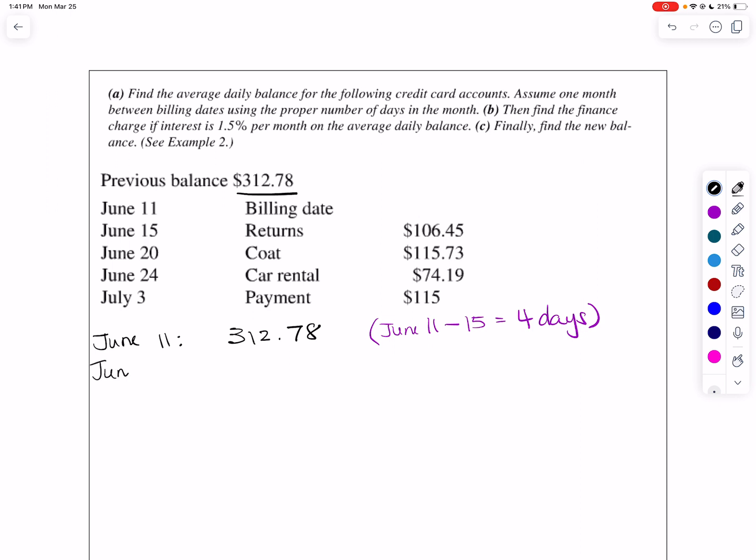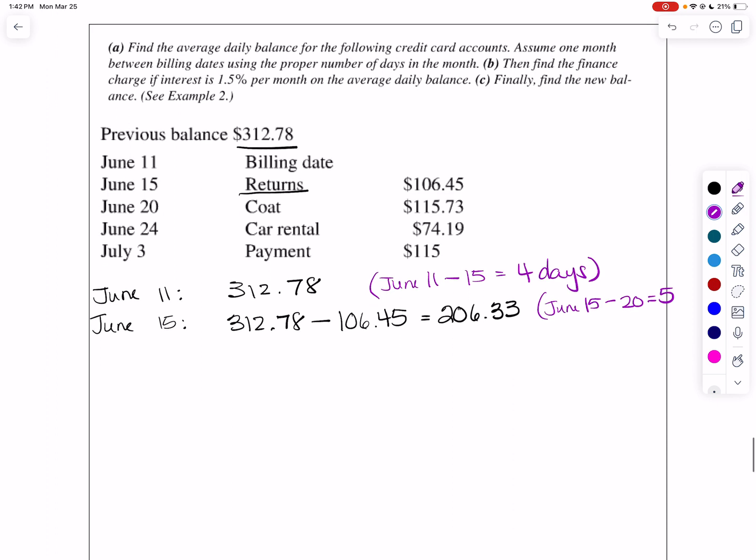Then on June 15th, we have the $312.78, and then we made a return, which means we're going to take that amount off, of $106.45. So now we've got $206.33. Well, that stays in the account from June 15th to the next transaction, which is June 20th, which is 5 days.